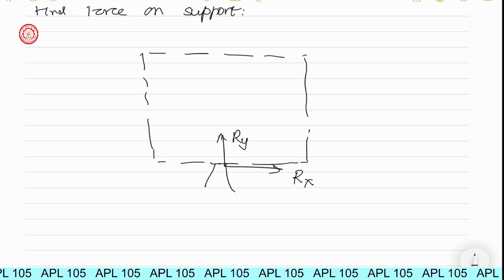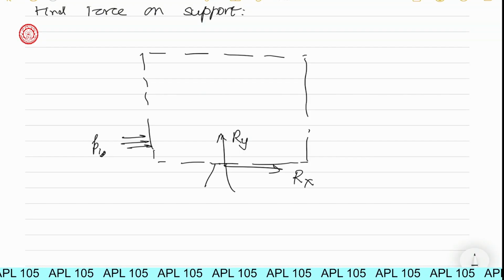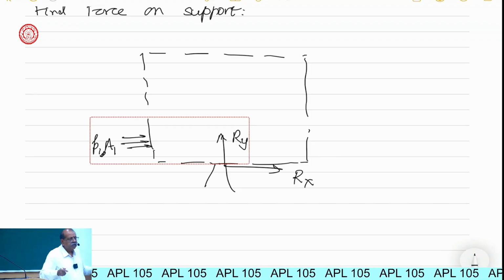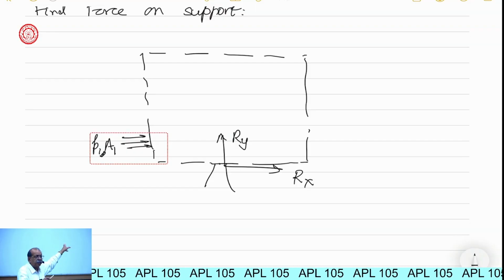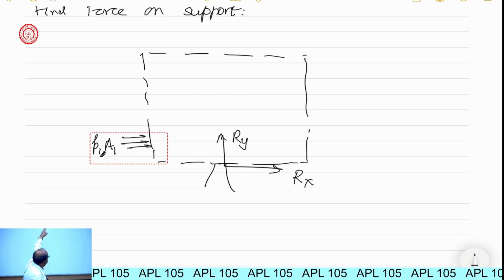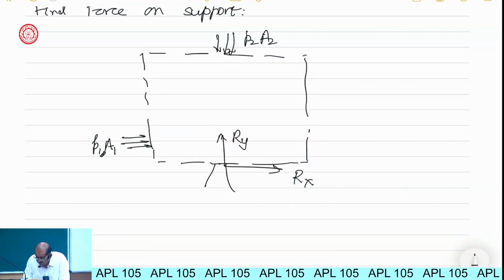Now also, see, when I look at the overall control volume, I can divide the pressure forces as gauge pressures plus atmospheric. And atmospheric pressure all around will cancel out. So that means only gauge pressures remain. And P1 was the gauge pressure which was given in the problem. So P1A1 will act at 1. And similarly, P2A2 will act at 2.